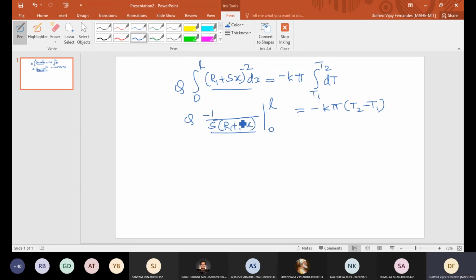If you take the derivative, you have minus 1 by S, and the derivative of (R1 plus Sx) to the power minus 1 gives (R1 plus Sx) to the power minus 2 into S. So this S will cancel, the minus sign will go, and you have this.